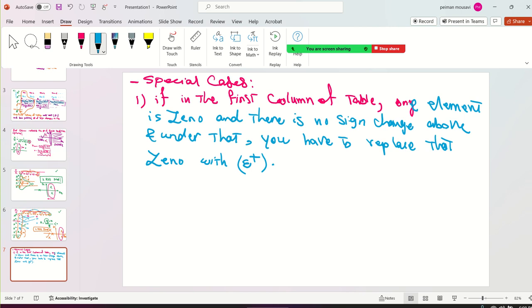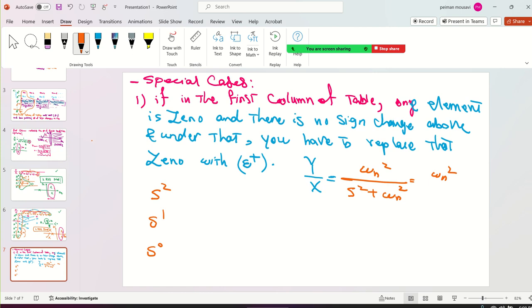Okay? Let me take you to the simplest one, the pendulum, the first class of this course. Obviously, we are missing s. But if you want to make this table, remember it is s squared plus 0s plus omega n squared.